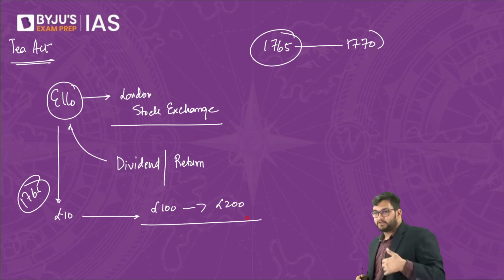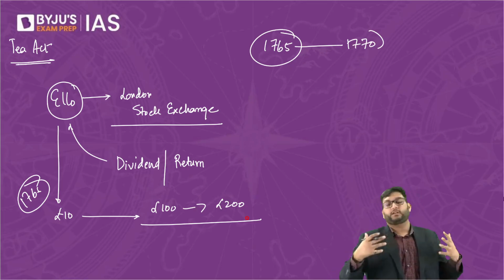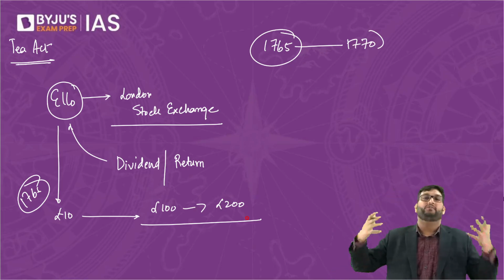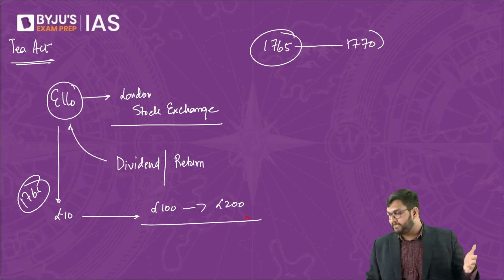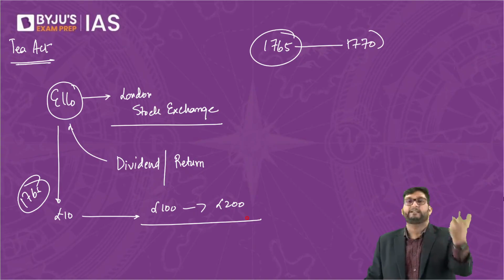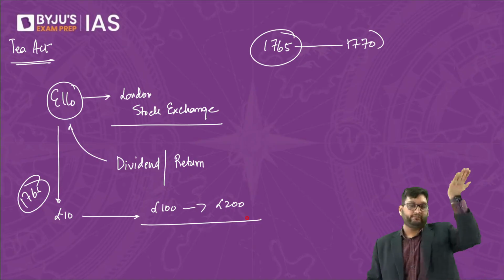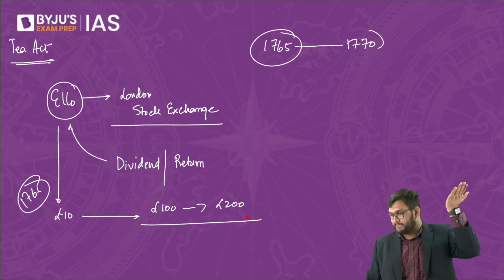Because as Robert Clive starts to say, we will get a lot of revenue, the revenue of the East India Company becomes the dividend for the stockholder. So you can get a better dividend because the revenue of the East India Company went very, very high.